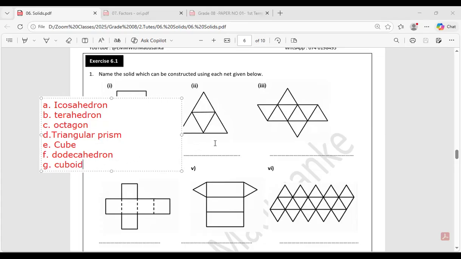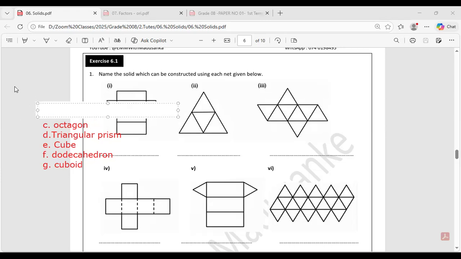Right. Okay. Now, I will ask you. Could you tell me, what is the suitable letter from here?